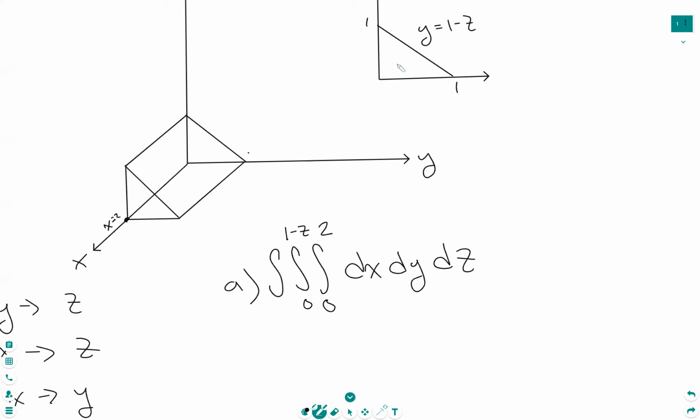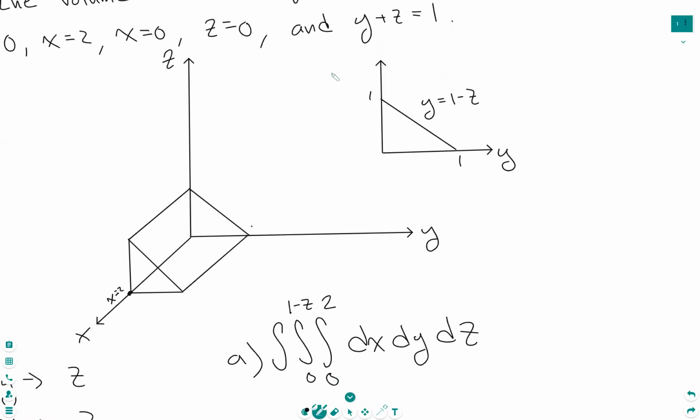And then finally, z is the range of all of these traces. Sorry, this is the yz. Should write that in. Right, so we're going from 0 to this line. And then we're going in the z direction. Shouldn't it be z is equal to 1 minus y?